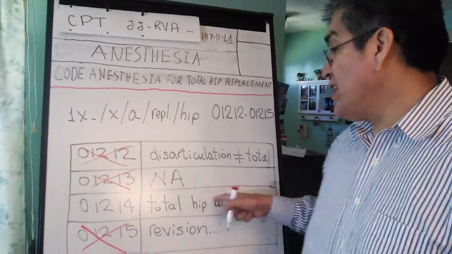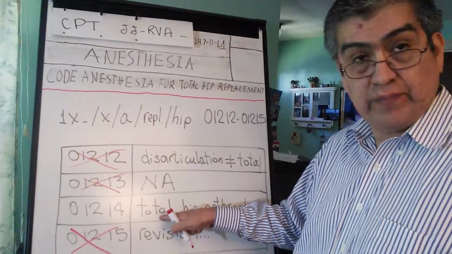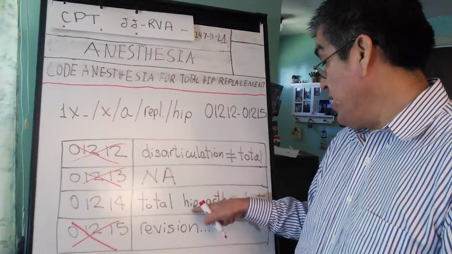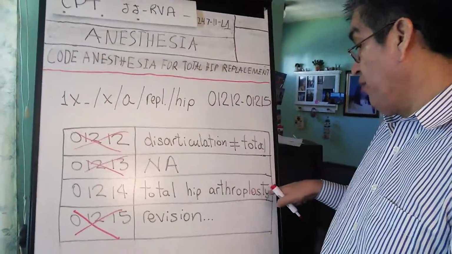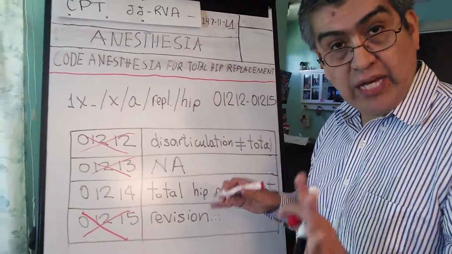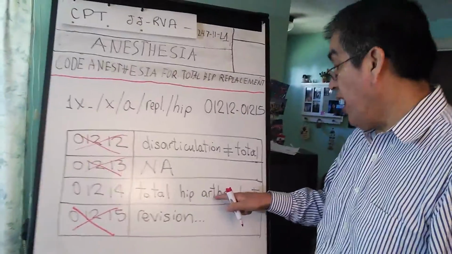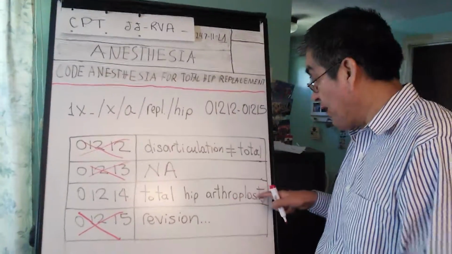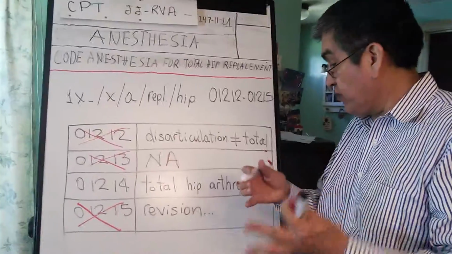This is the one still standing because it says total, it says hip, and it says arthroplasty. The only thing we don't find here is arthroplasty, but with a little medical terminology, you know that arthro is articulation and plasty is the repair of the articulation.